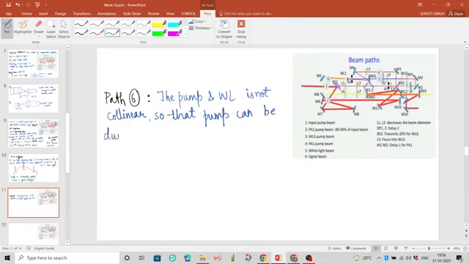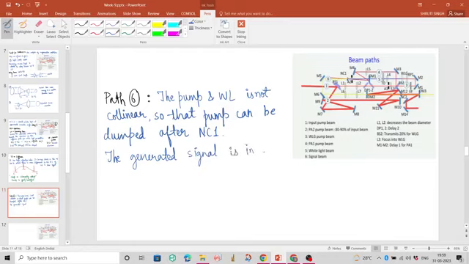The pump can be dumped after NC1, and this generated signal, which is shown in the yellow color here, is in the direction of the white light.